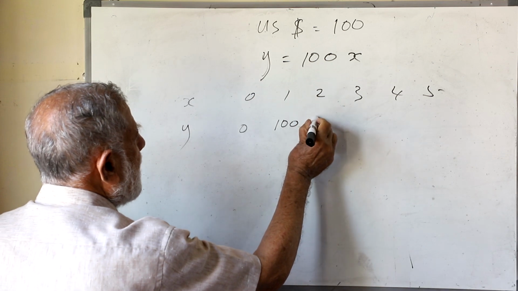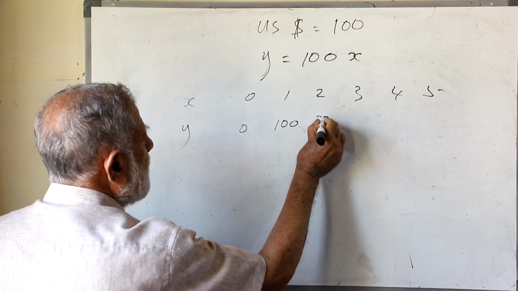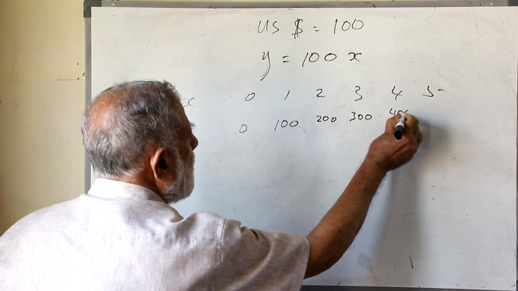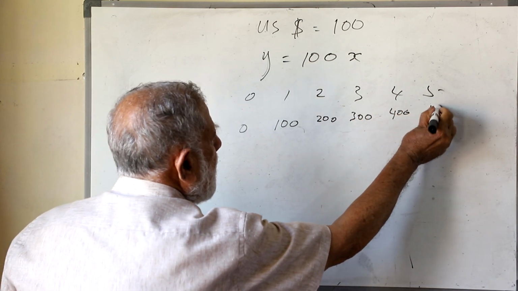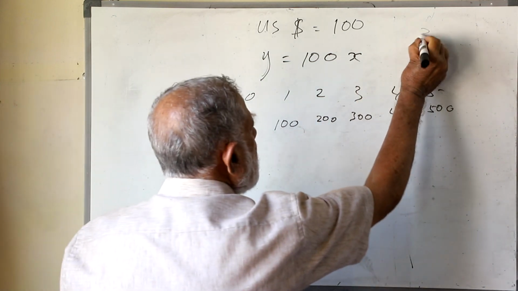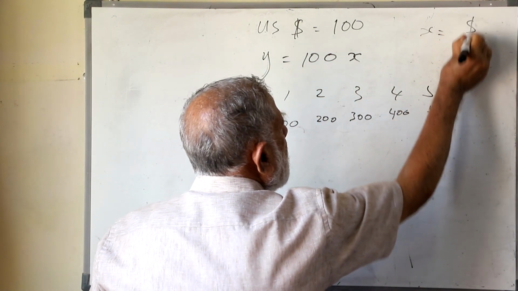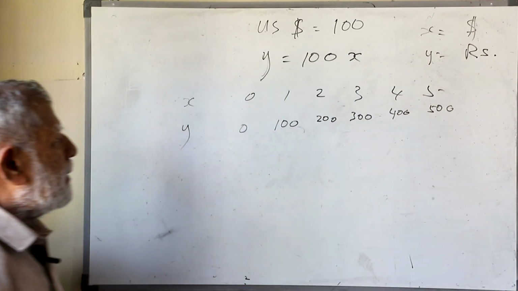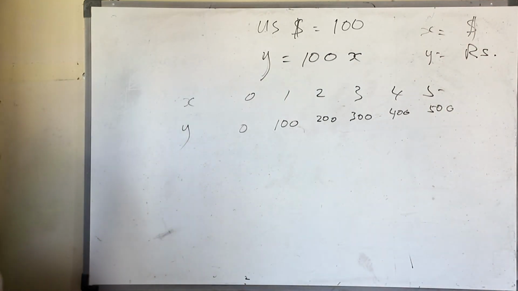$2 is 200, $3 is 300. X equals dollars, y equals rupees. In this graph we are taking y values as rupees and x values as dollars.